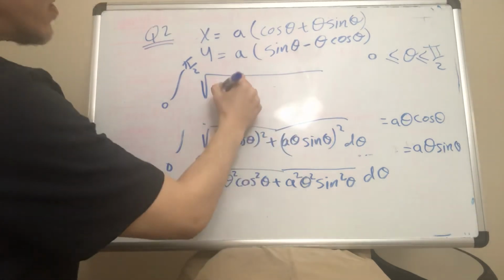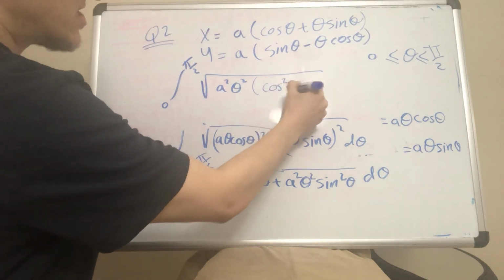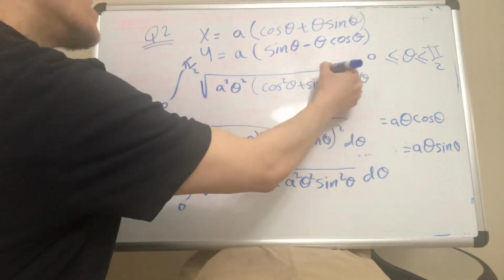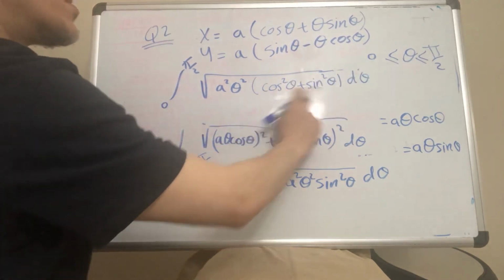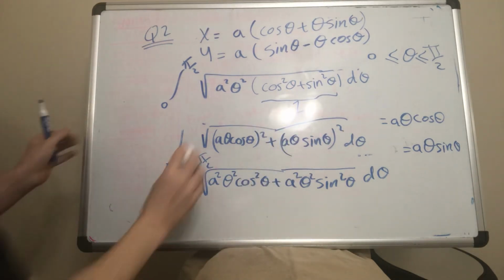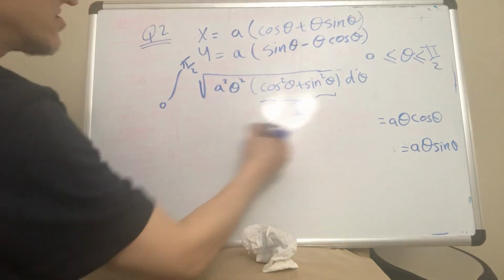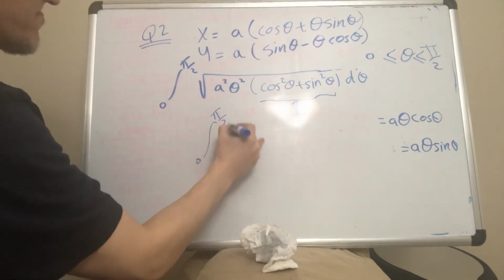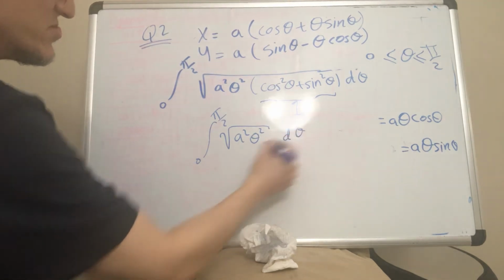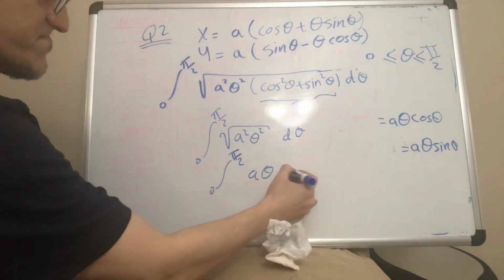If I take a squared theta squared common factor, I'll have cosine squared plus sine squared left. And you know that cosine squared plus sine squared is 1. So you basically have a squared theta squared under the square root, and the square root of this is a theta.